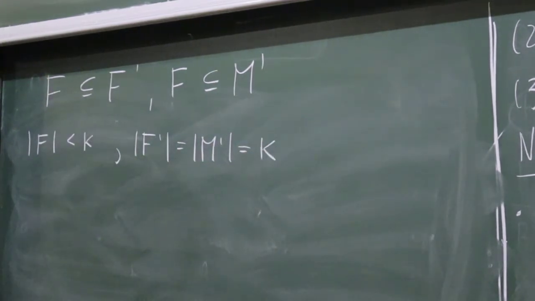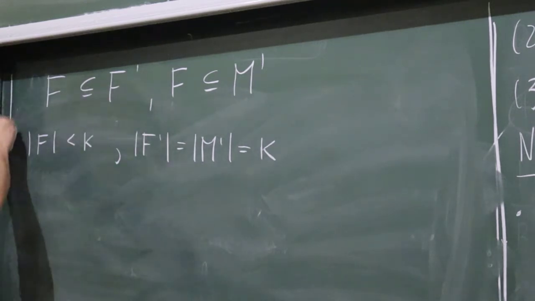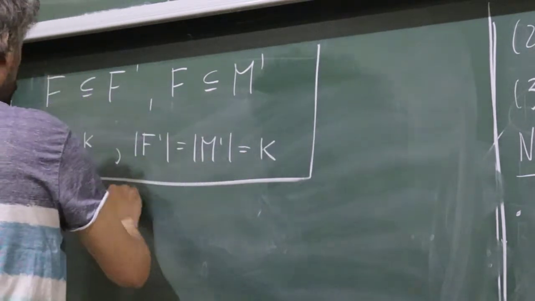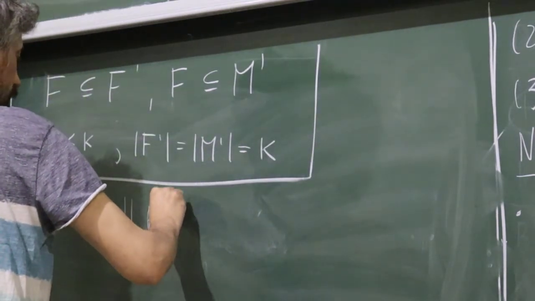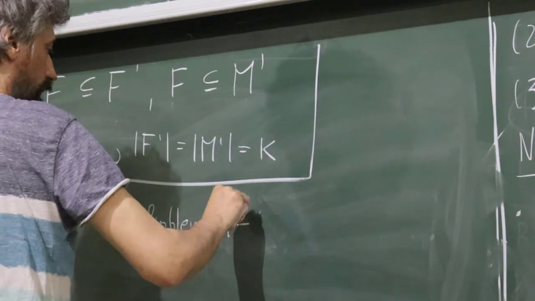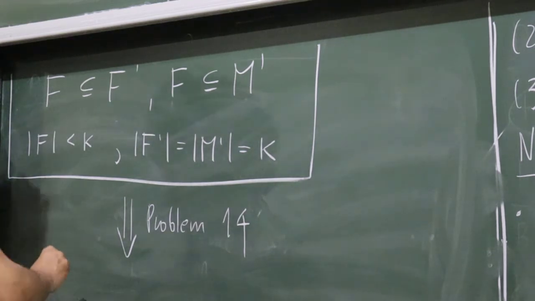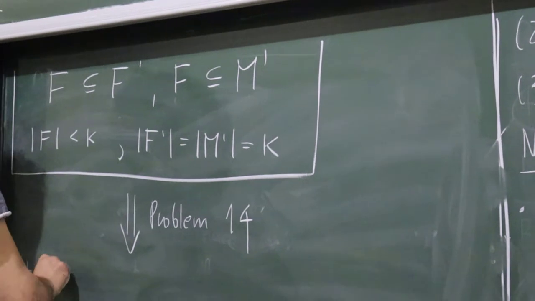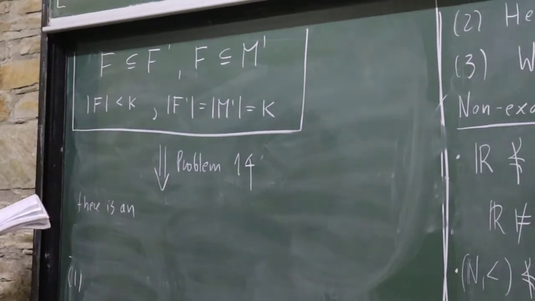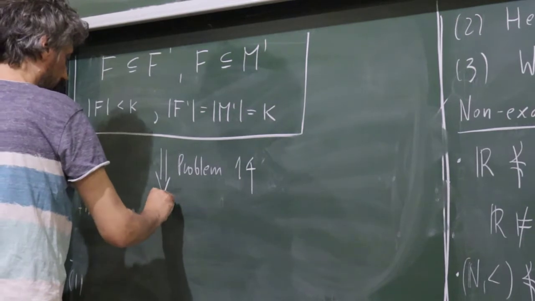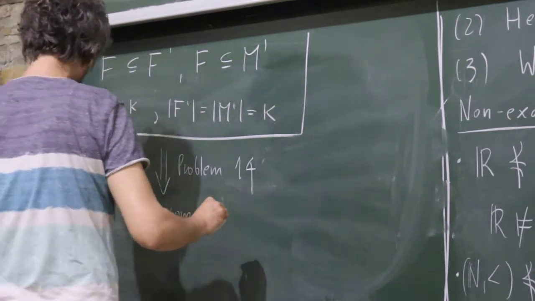And now, how much do you know from field theory? Because now I want you to conclude, this is problem 14, that this, in this context, implies that there is an F-isomorphism psi.